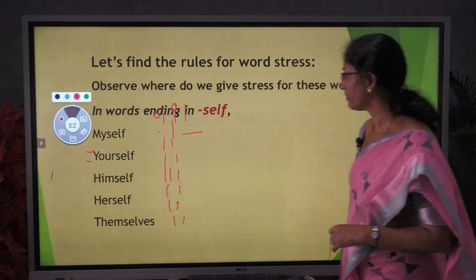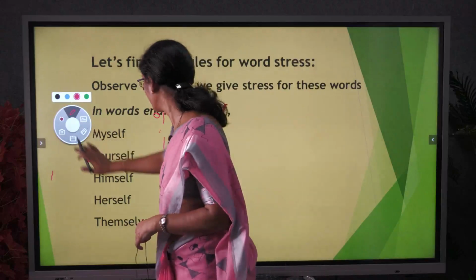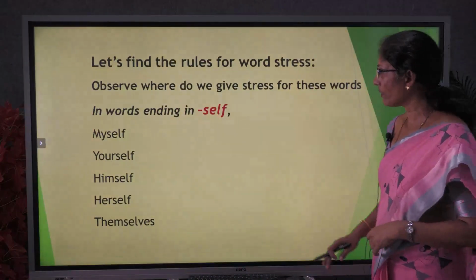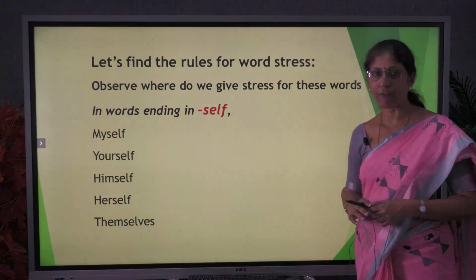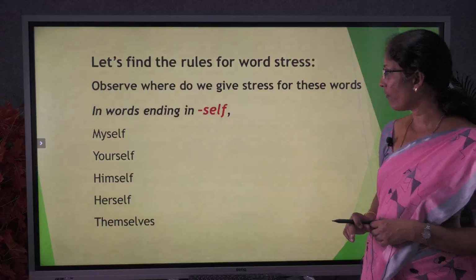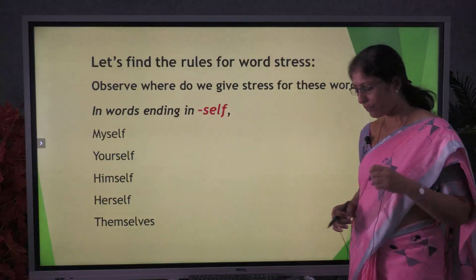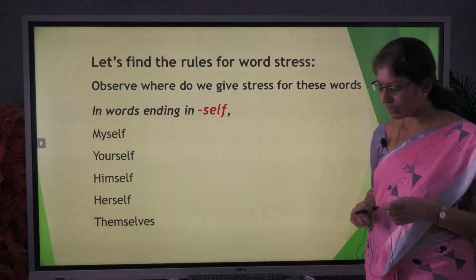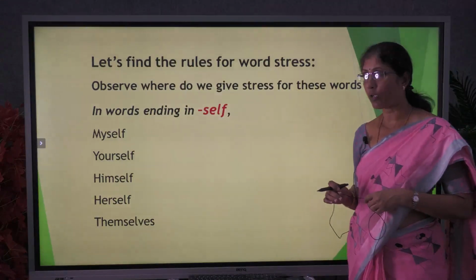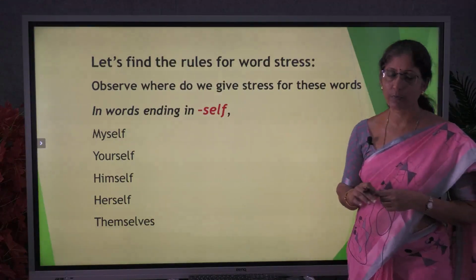Right here, okay, see this. So when the suffix is added, then where is the stress? Okay, so while forming stress rules, it is really difficult to follow a rule and apply the stress.